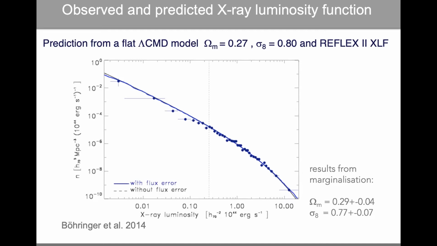And the line that is going through it is a fit from a cosmological model with the parameters given above. So we can explain the number of galaxy clusters of a certain X-ray luminosity, which is tightly correlated to the mass of a galaxy cluster. We can predict this number very well just by going to a popular cosmology model and retrieving it. So we have a good feeling that we are on a good track.